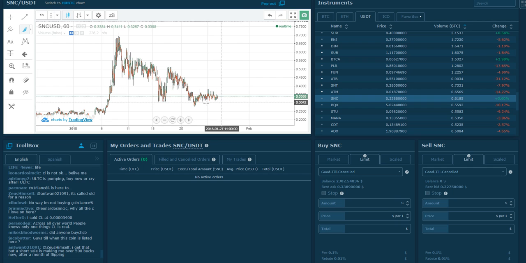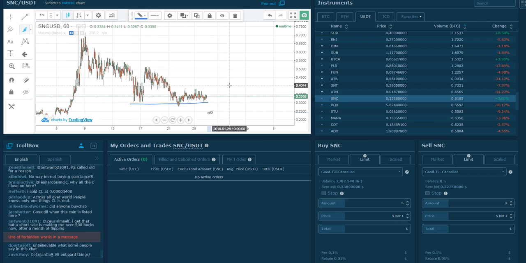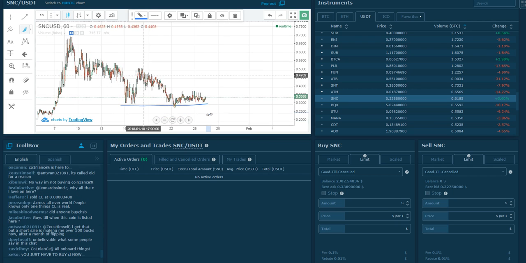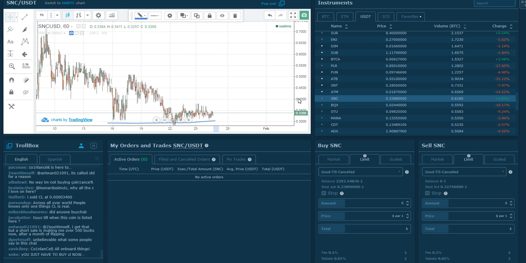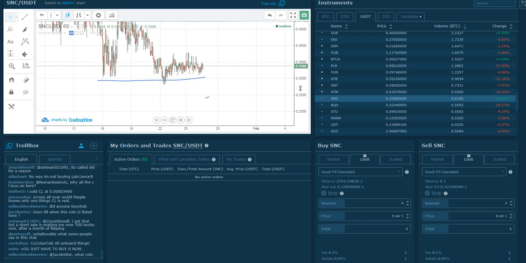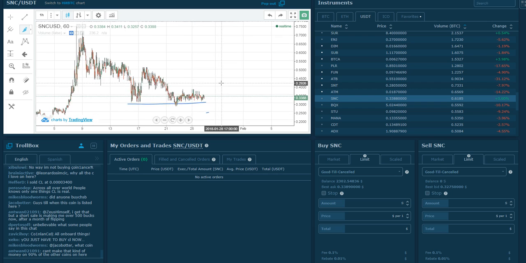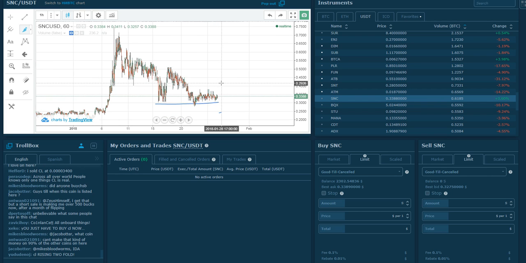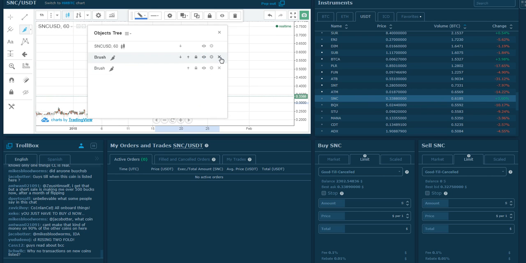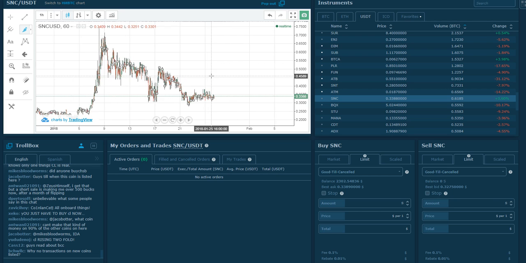SNC, we got a line right here. We'll take it. We'll take a trade. 26s, maybe 28s. All right, you know what? Look at this chart here. Let's try to do another trade here. Another type of trade.